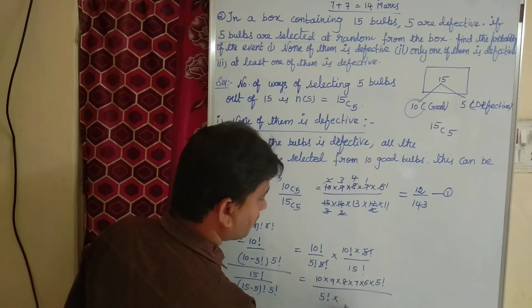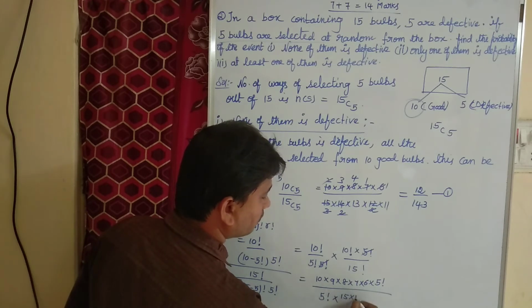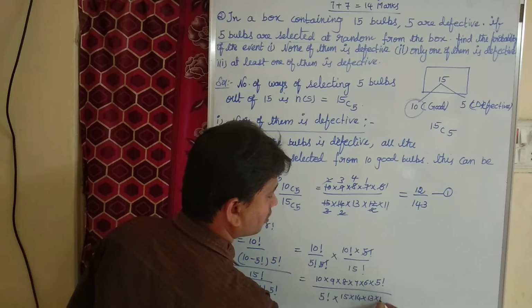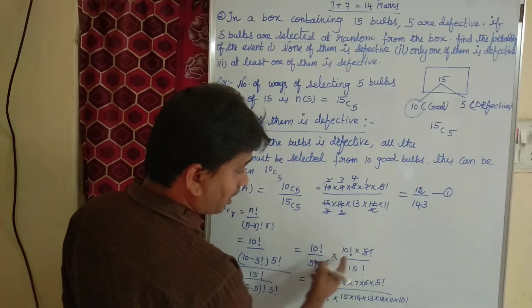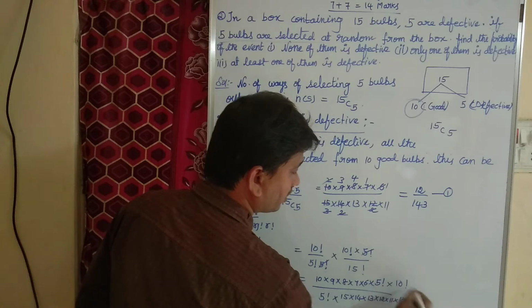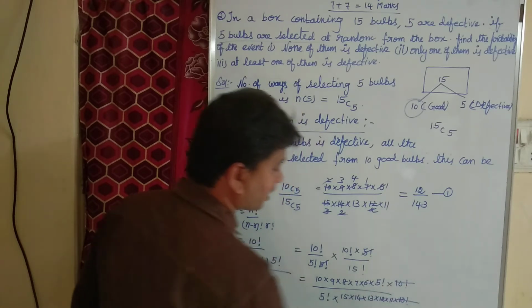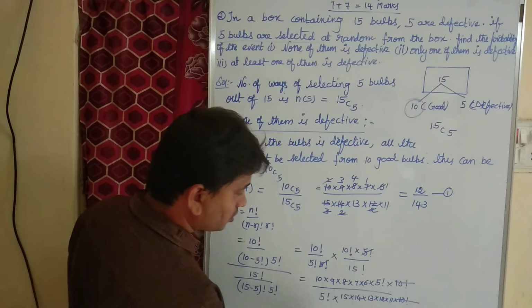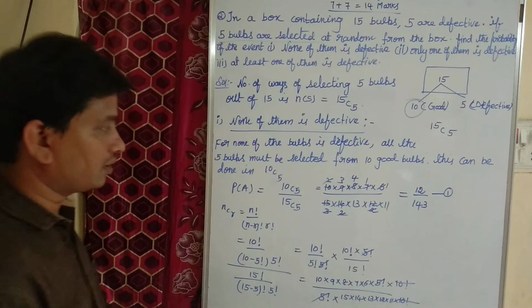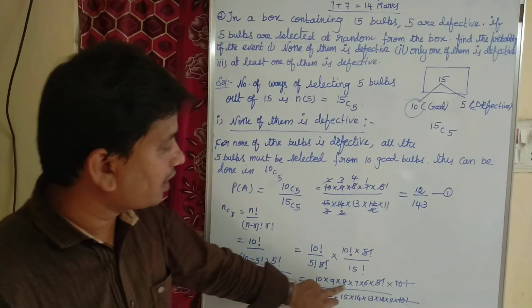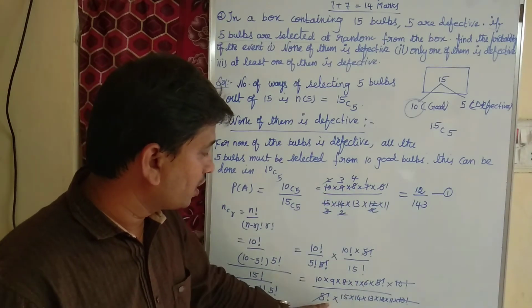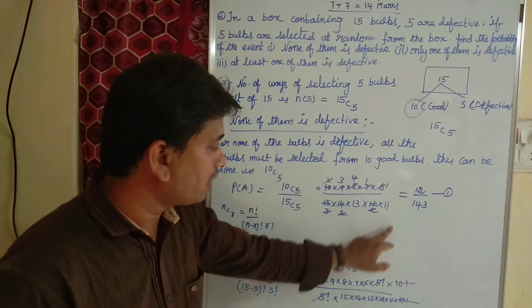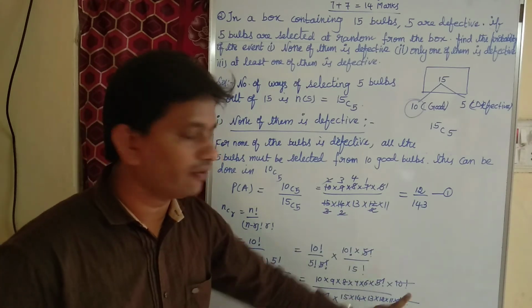How can I write 15 factorial? As 15 into 14 into 13 into 12 into 11 into 10 factorial. Already we have 10 factorial here, so this 10 factorial gets cancelled, and this 5 factorial gets cancelled. So what we got again: 10, 9, 8, 7, 6 divided by 15, 14, 13, 12, 11.